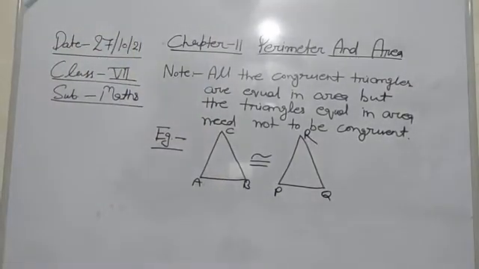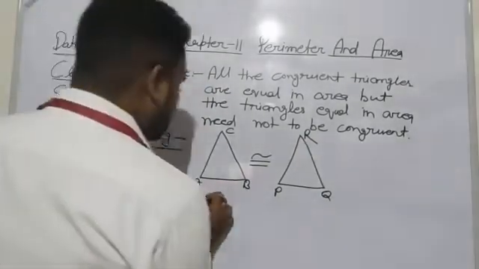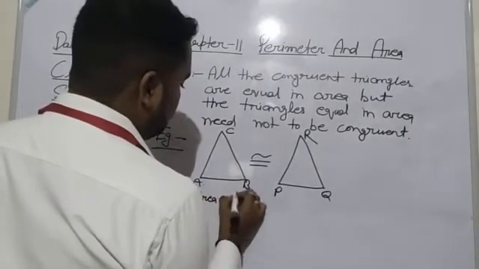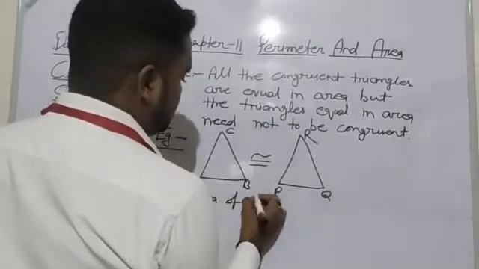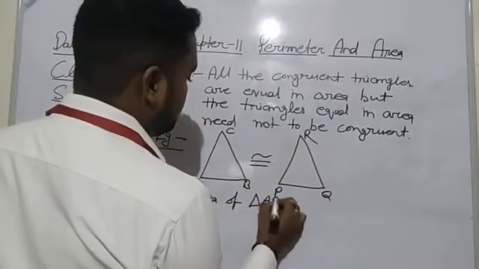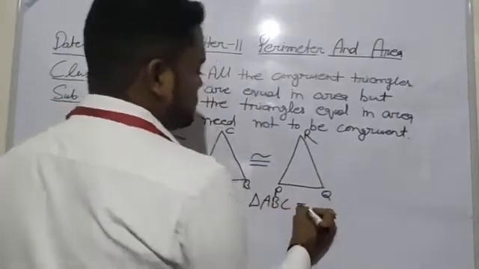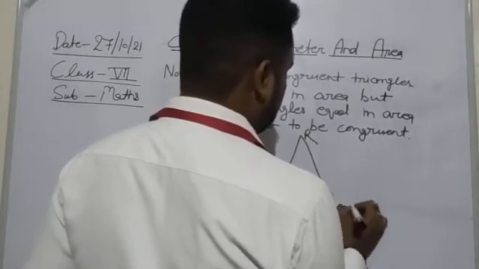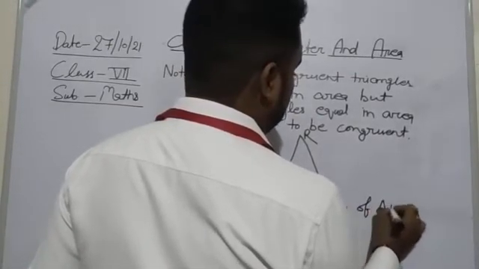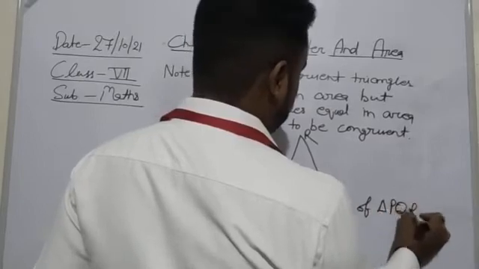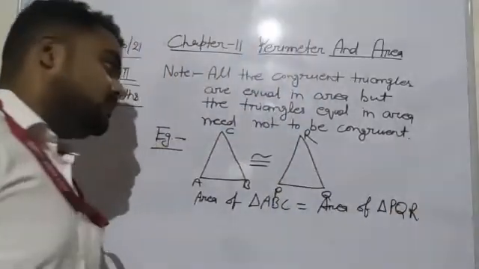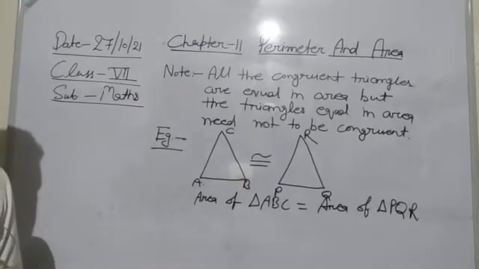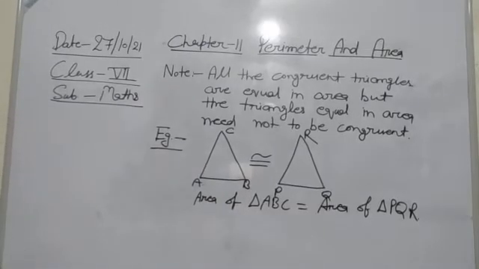ABC is congruent to triangle PQR. Then area of triangle ABC is equal to area of triangle PQR. If both are congruent to each other, then the area of both the triangles are equal to each other.